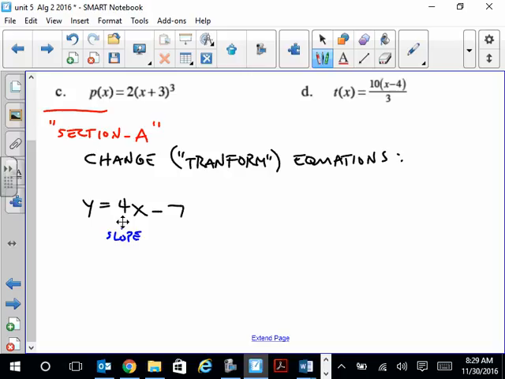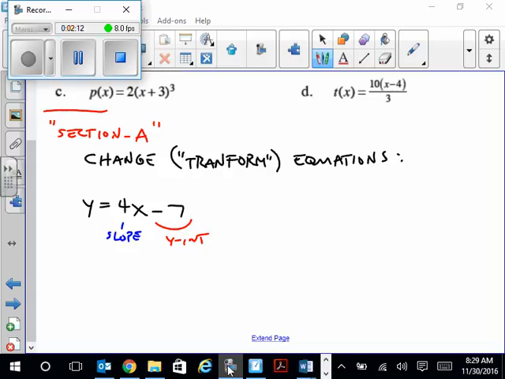So what do they want? Maybe I should do it below. All right. So here's what they want. They want you to transform the equation. So slope is, we want slope to be 5.